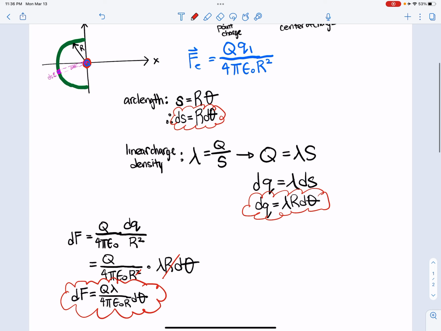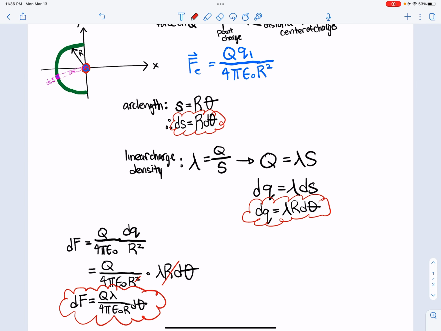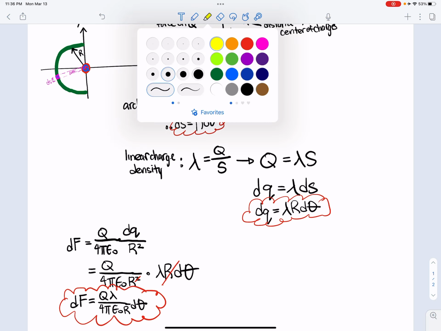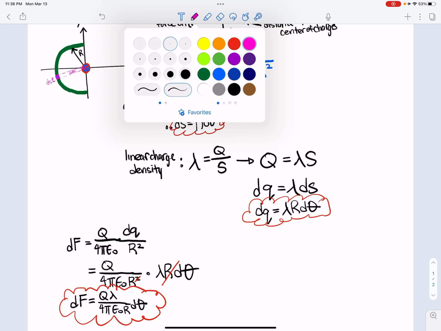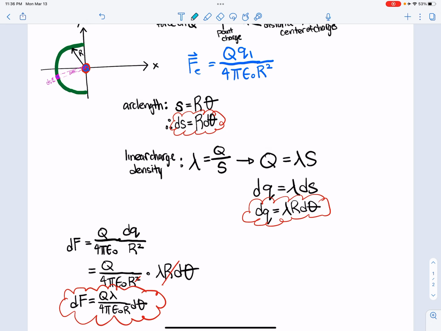So let's take a look at our picture real quick. Do you notice that this part is symmetric to this other half? Whatever force we have due to this charge going this way, we're also going to have a certain force from this charge going this way.